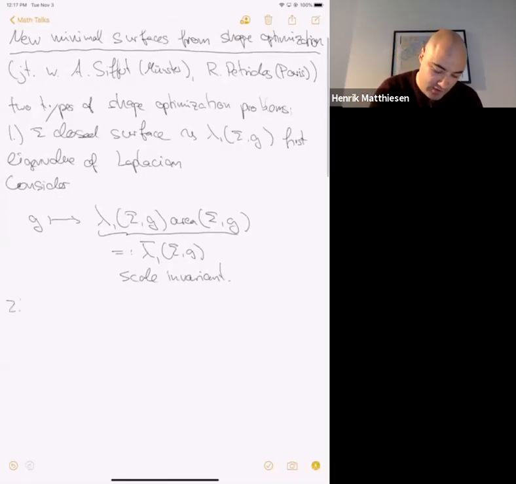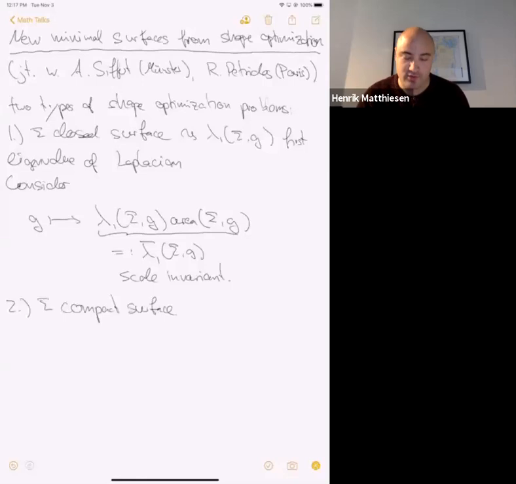The second one is of the same flavor, but for a slightly different operator. Let's say you have sigma, a compact surface. Then I can look at the Dirichlet-to-Neumann operator. Of course, I should mention that the boundary is supposed to be non-empty, compact and smooth.